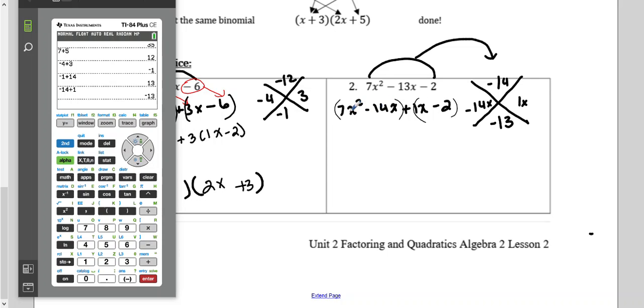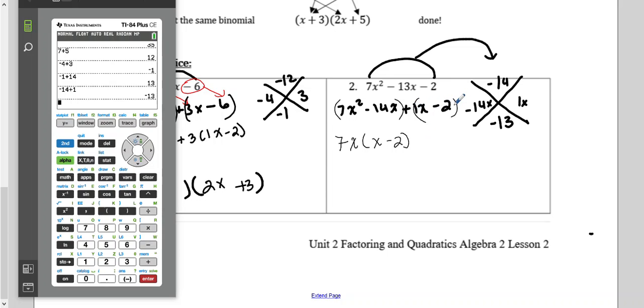Alright, 7 goes into 7 and 14, and then you have your x here. So that is 7x. Minus 14 divided by 7 is 2. The x gets cancelled out.